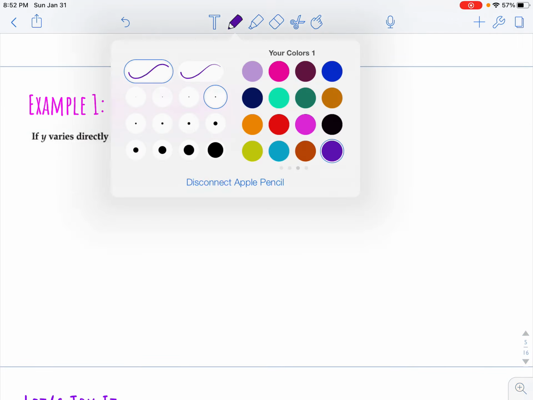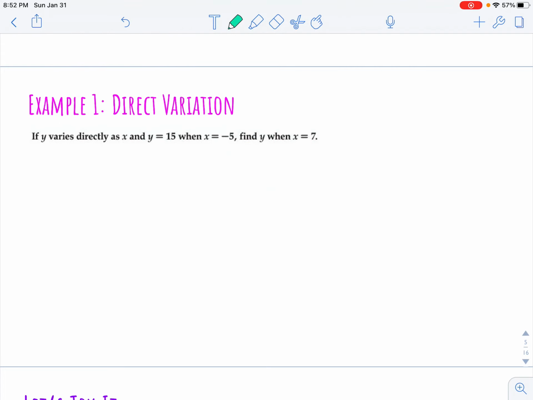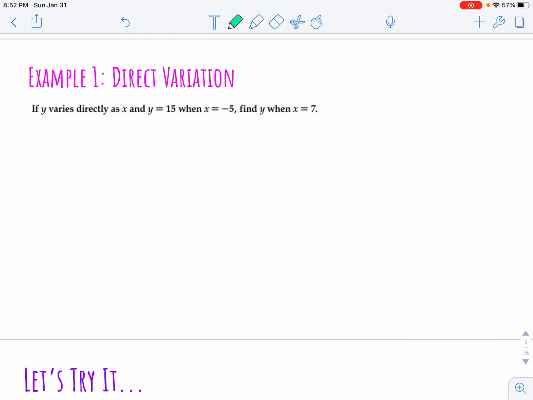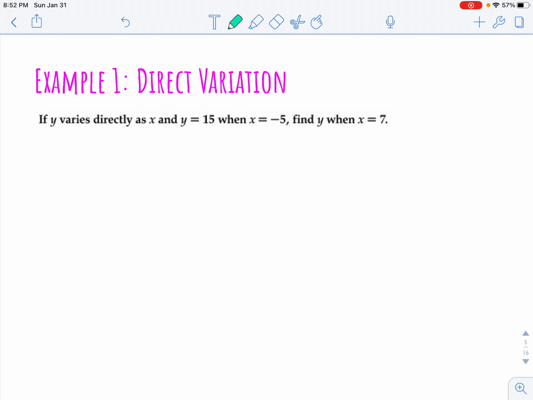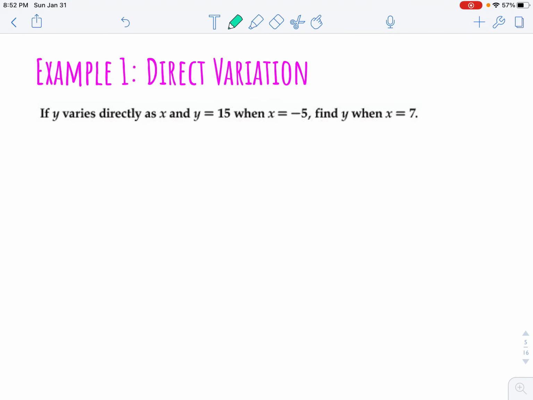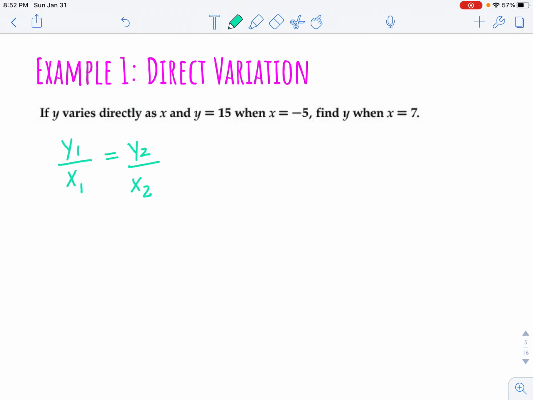So here we have our first example, which is direct variation. If y varies directly as x and y equals 15 when x equals -5, find y when x equals 7. The proportion we want to use is y1 over x1 equals y2 over x2.